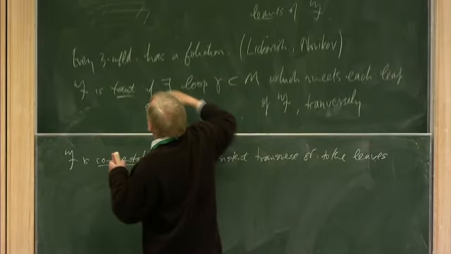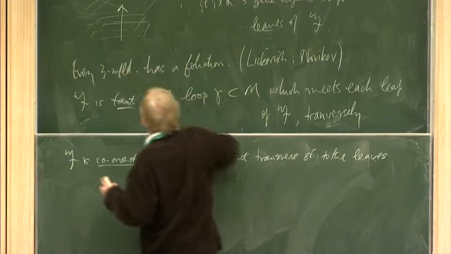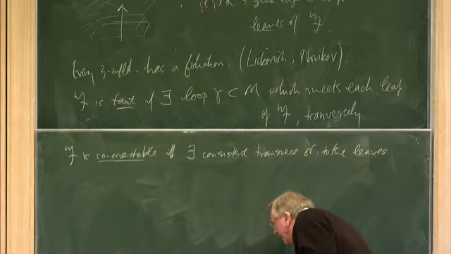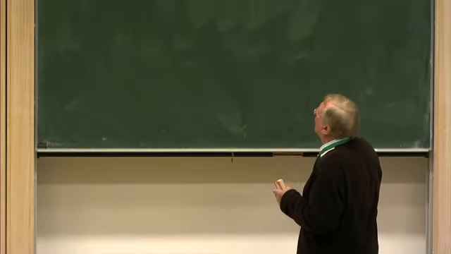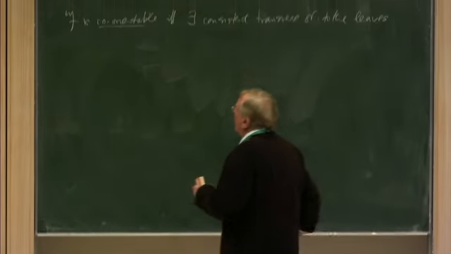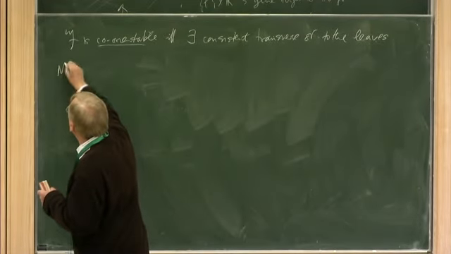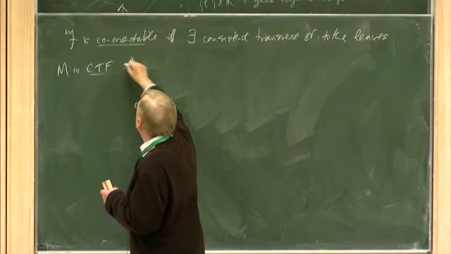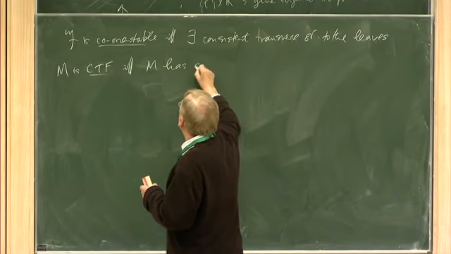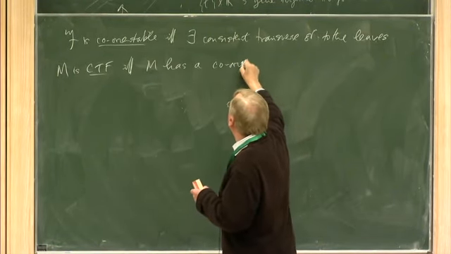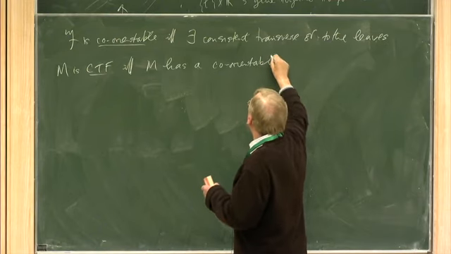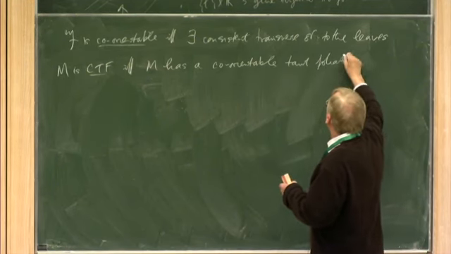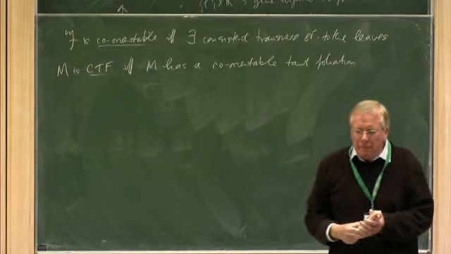So there should be a consistent normal. Okay, and so now I think we've got all the words in place, and we say that M is CTF, co-orientable taut foliation, if M has a co-orientable taut foliation.